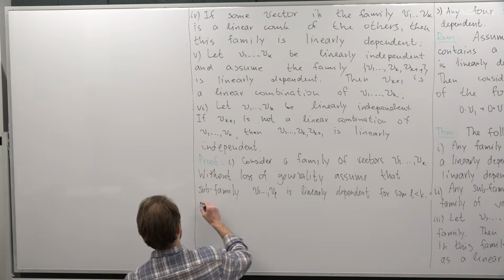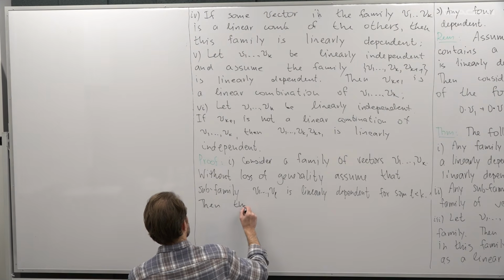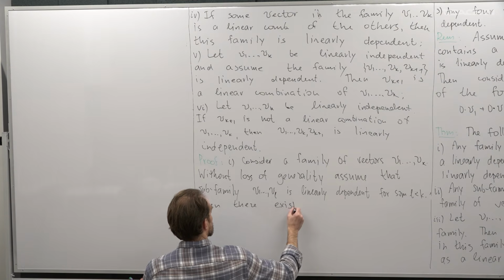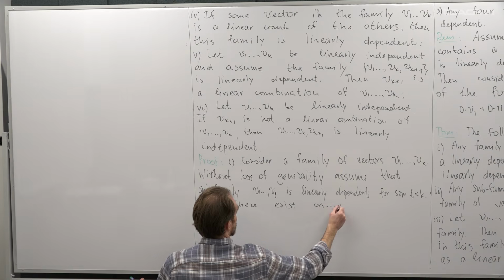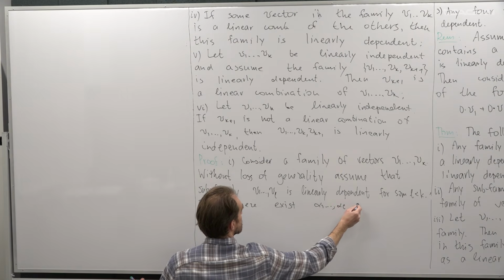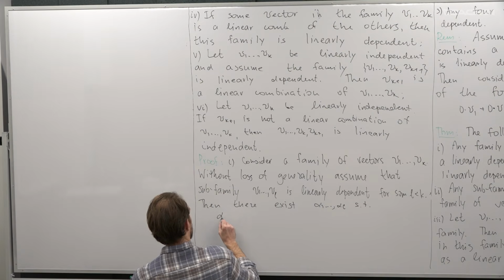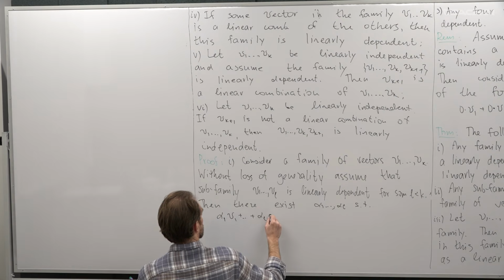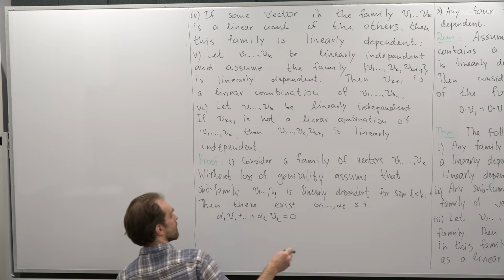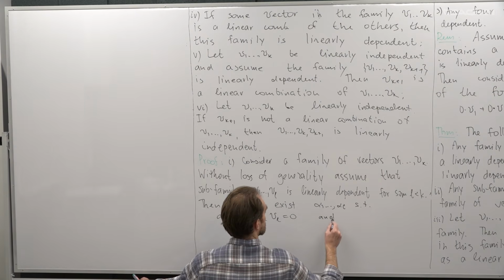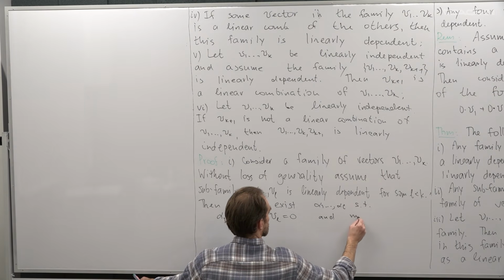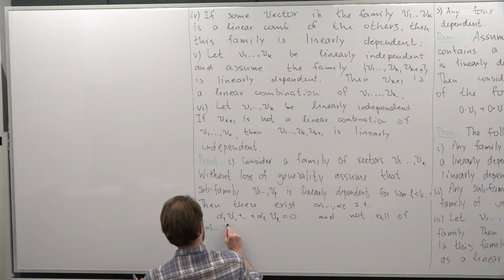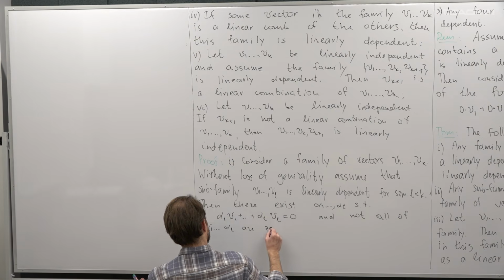Then there exist alpha 1, etc., alpha l such that alpha 1 times v1 plus etc. plus alpha l times vl equals 0, and not all of alpha 1, etc., alpha l are zeros.